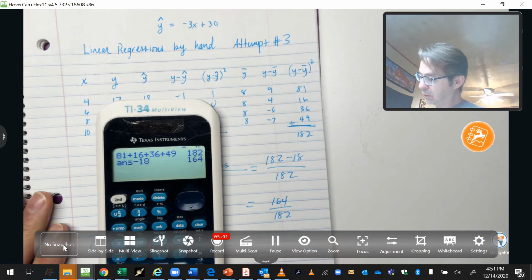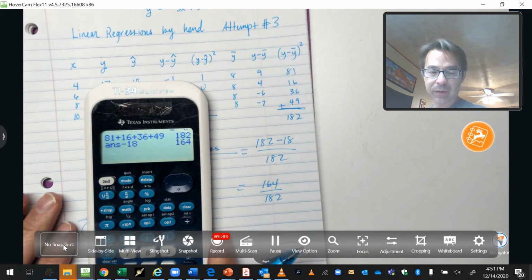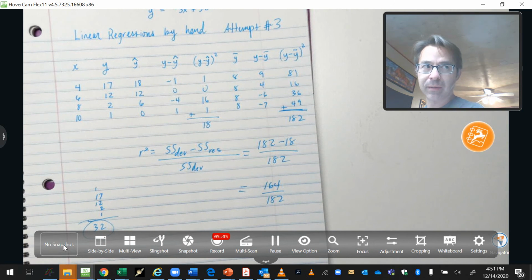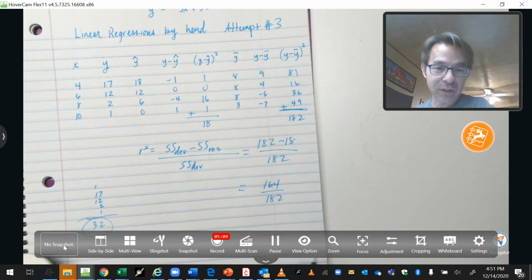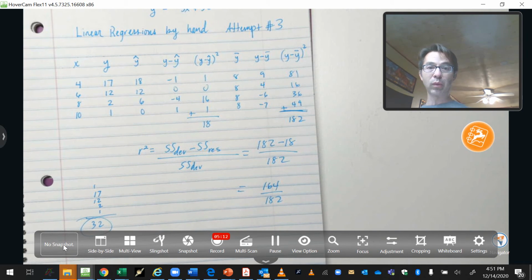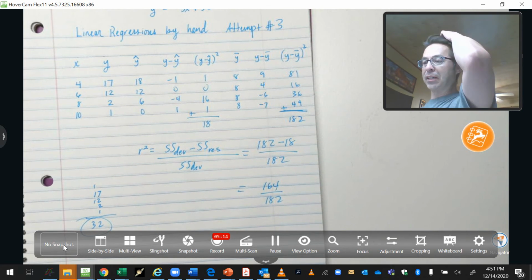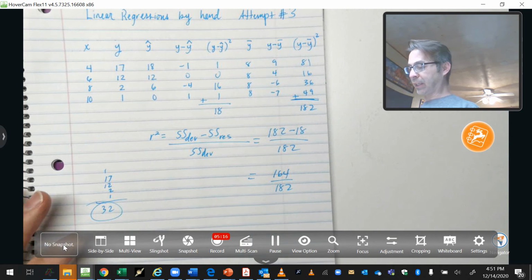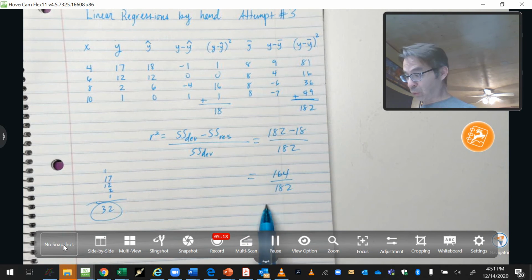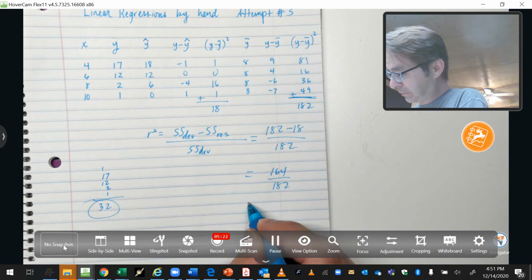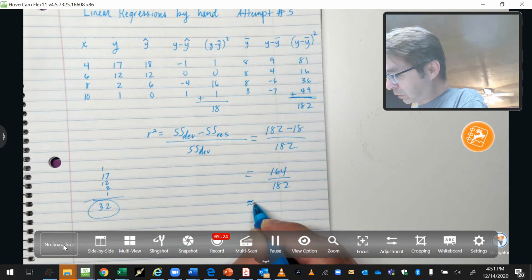That is r squared. If you didn't have a calculator, in the past when we were giving this test to the students, they had no choice but to leave their answer like that, because it literally was no calculator. Had to do it by hand. So you would leave it like that, and then r would just be the square root of that. But you guys get to use calculators.